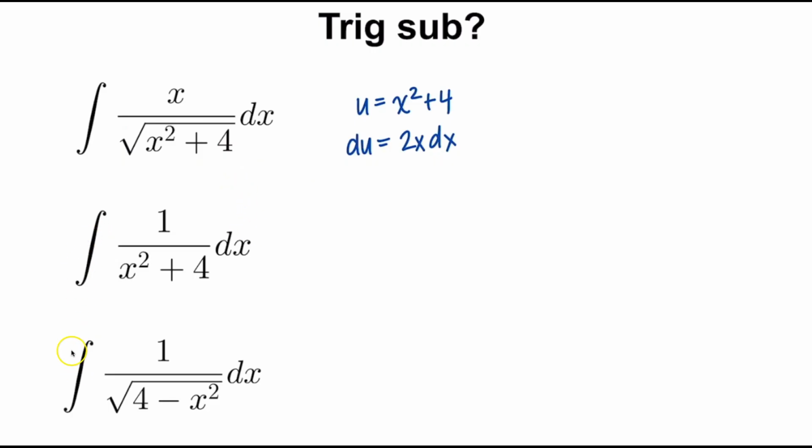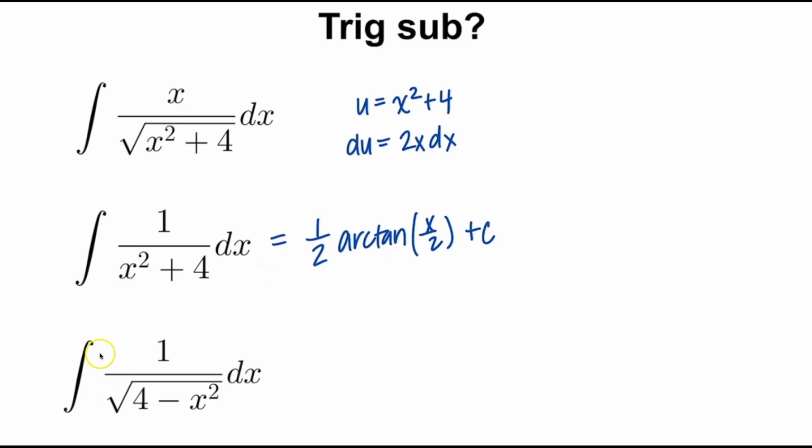Now, for the next two, we want to be able to just recognize the form so we can jump straight to the answer. The integral of 1 over the quantity x squared plus 4 dx, that one automatically becomes arctangent. I have 1 over x squared plus a squared. So it's 1 over a, or 1 over 2, arctangent of x over a, or x over 2 plus c. We could have done a trig sub, would have been way more work.